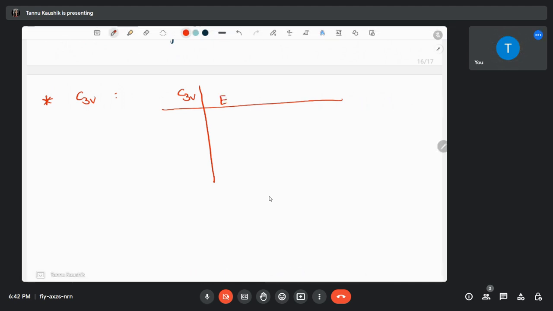So for C3v, it is E, 2C3 and 3 sigma v. So here for C3v, the order is 6 and the number of classes is 3. So the number of irreducible representations will be 3: R1, R2 and R3.